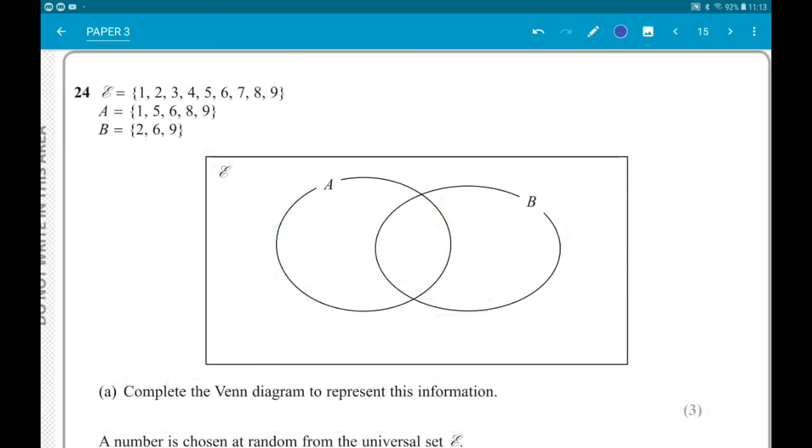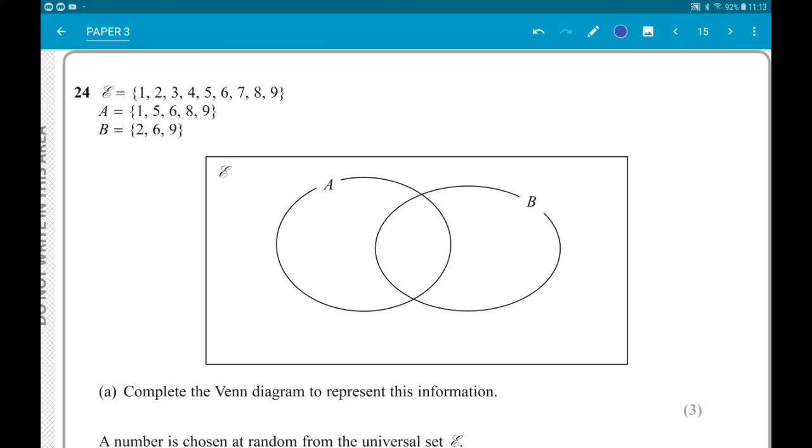Okay, number 24, we have a Venn diagram. So our universal set are the numbers from 1 to 9. Set A is 1, 5, 6, 8, 9. Set B is 2, 6, 9. Part A wants us to complete the Venn diagram.